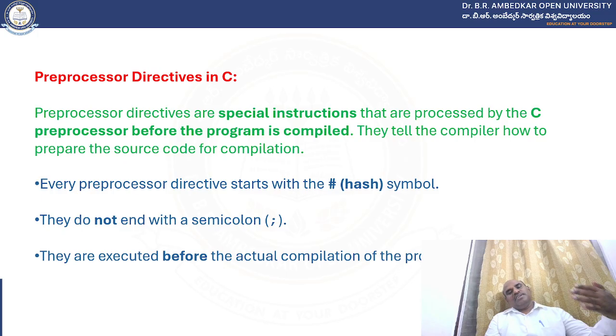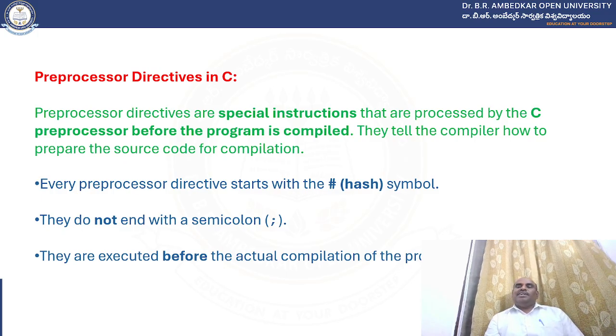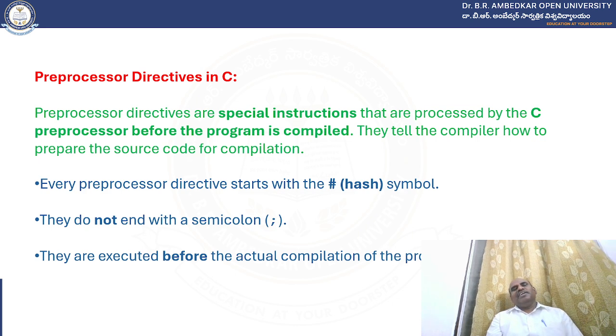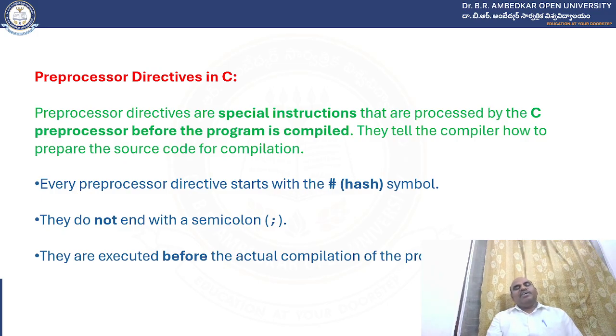Preprocessor directives are special instructions that are processed by the preprocessor before the program is compiled. Generally, if we want to get a result from every program, first we have to compile, then execute. While compiling, errors and warnings are displayed.